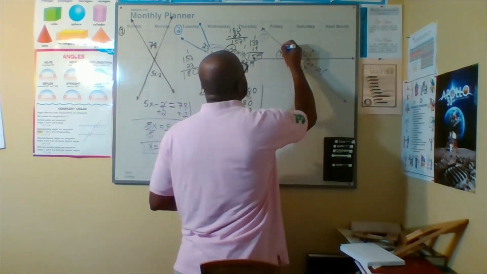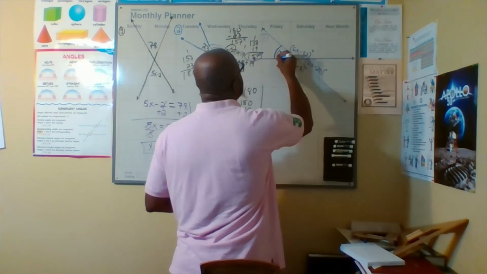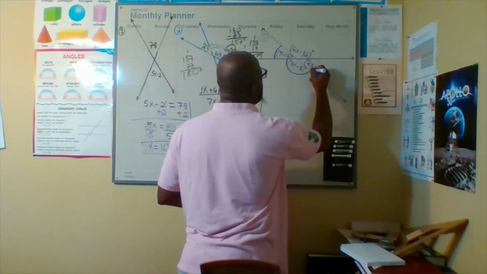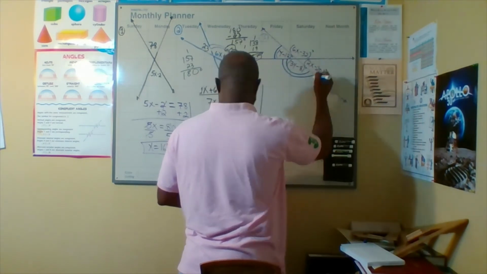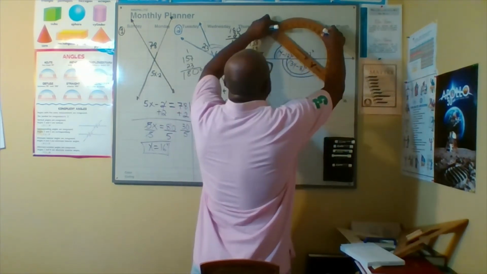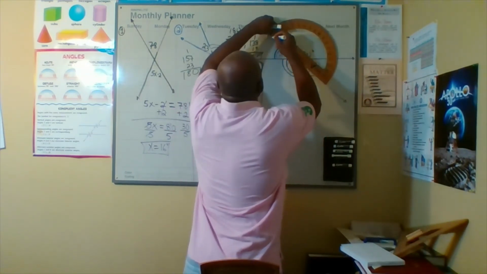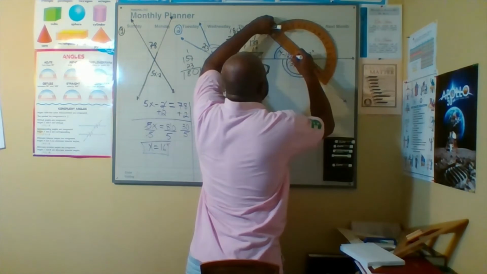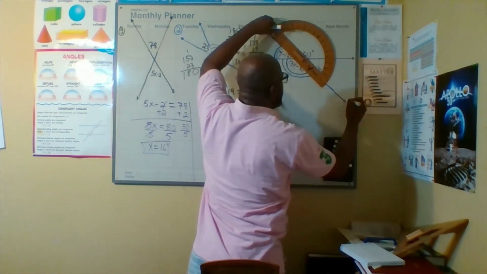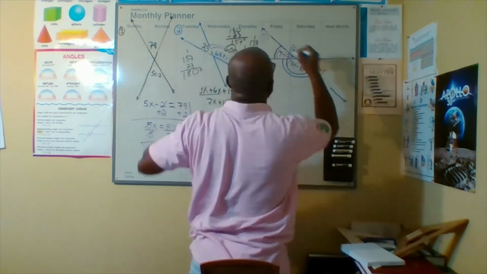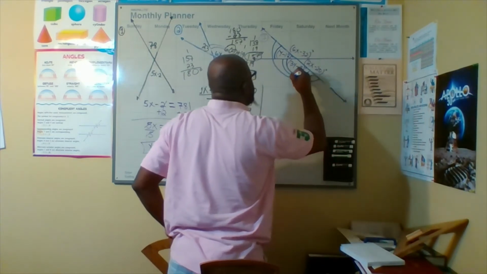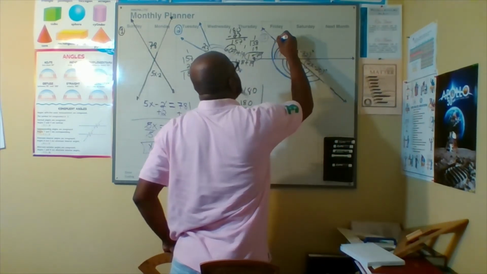If I take this angle here that has y minus 12, and this angle here that has 3y minus 8, when I use my tool, I will see that they are on the same side of this line. And you remember that a line is a straight angle. So those two angles form this line. Therefore, you have no choice but to use the linear concept.